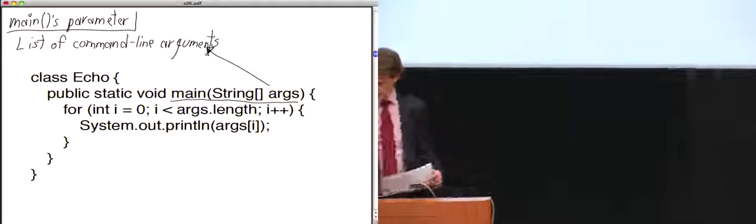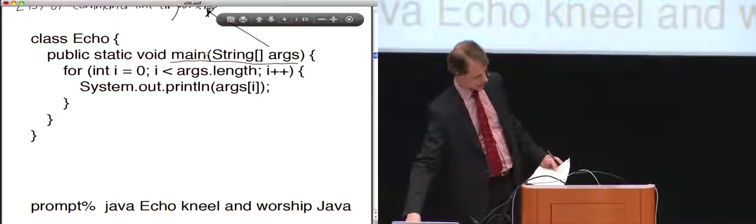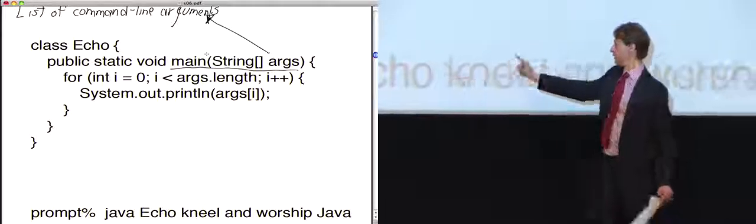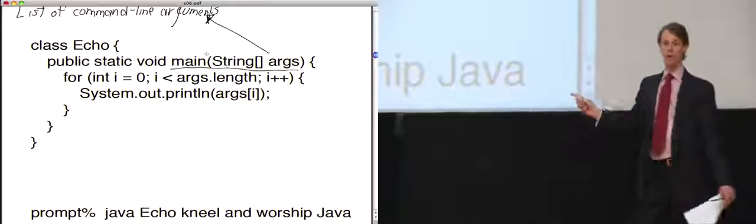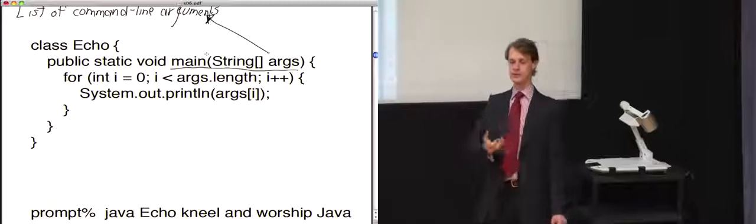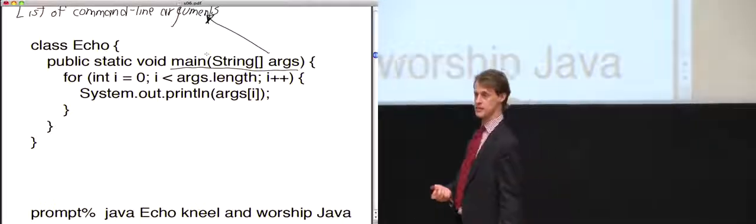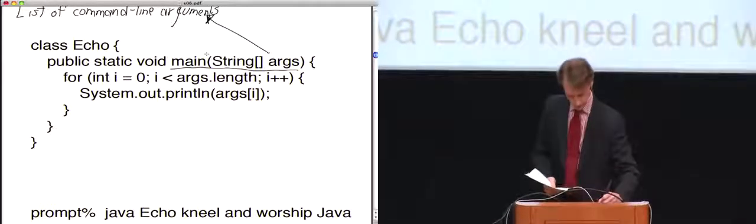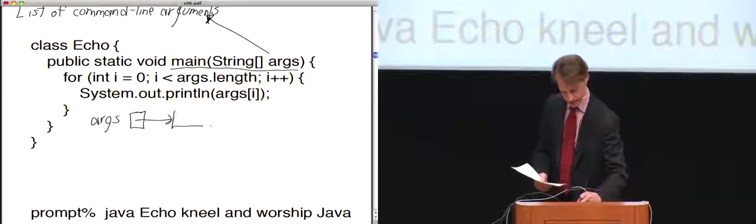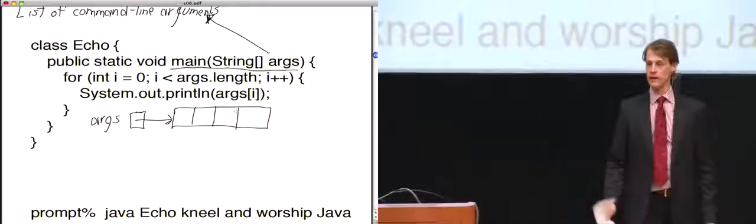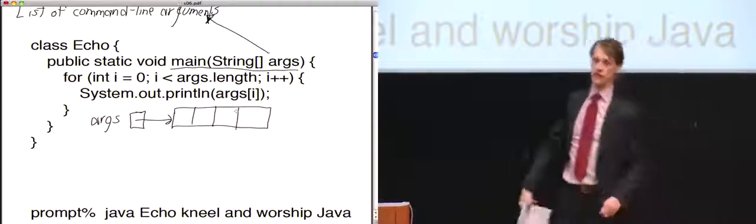The idea is, if I go to my Unix prompt and I write Java echo kneel and worship Java, what Unix does is it takes the kneel and worship Java, divides it into different strings wherever there's a space, so a space starts a new string, and automatically produces for you this variable called args, which points to an array of length 4, because kneel and worship Java is 4 words.